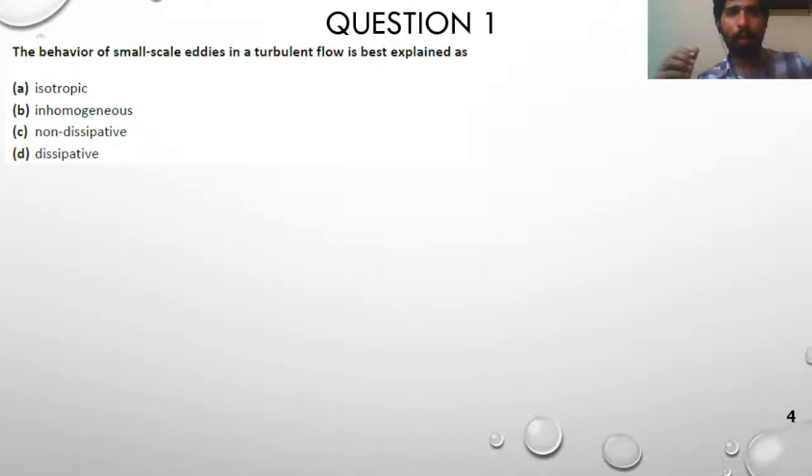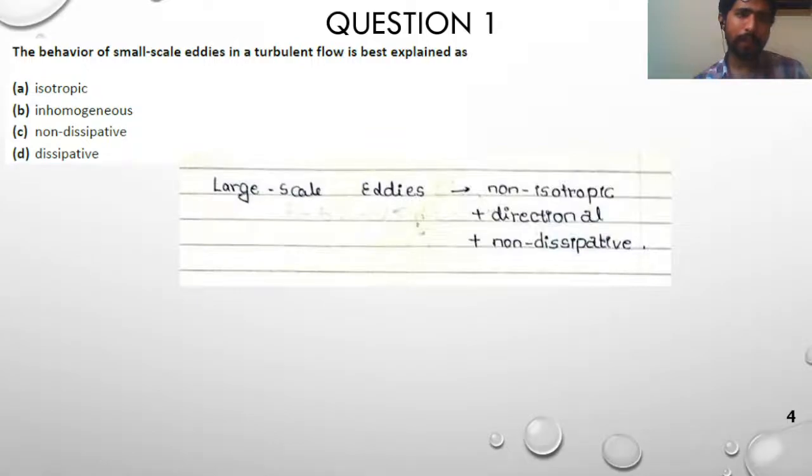Mainly these large scale eddies are non-isotropic in nature. That is, the fluid might be concentrated at, say, only the core region or something like that, and the distribution might be different. So they are non-isotropic, but they have one particular direction.